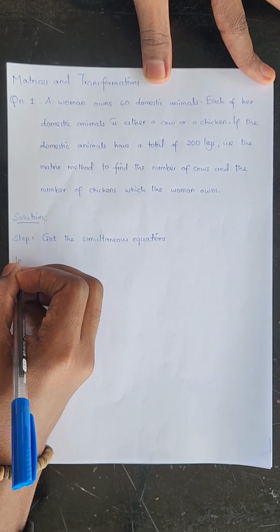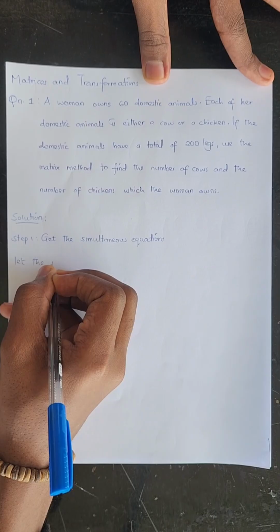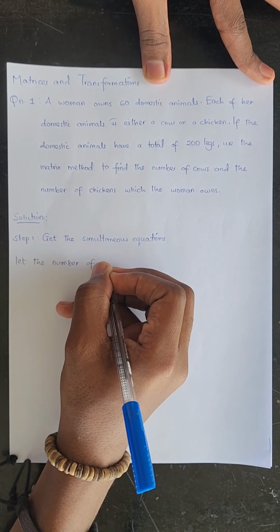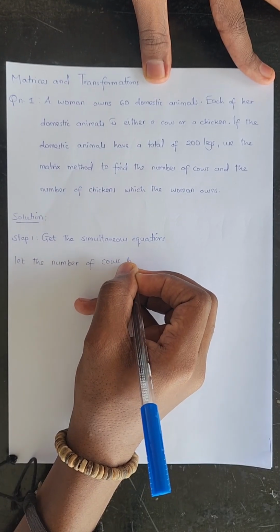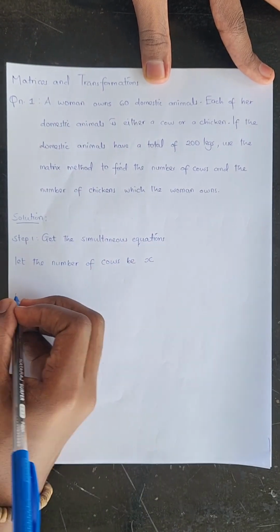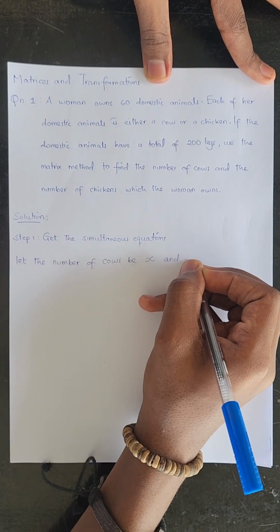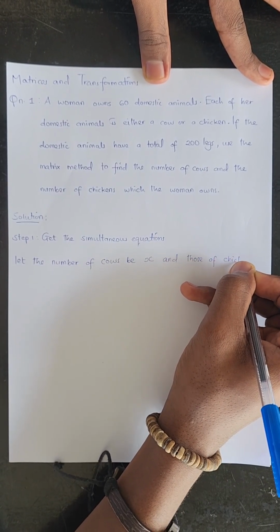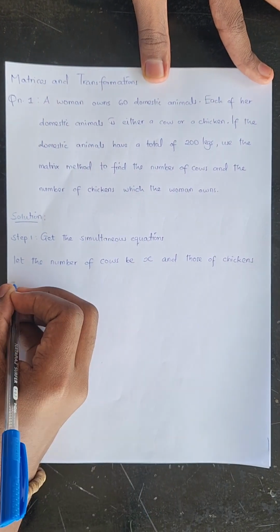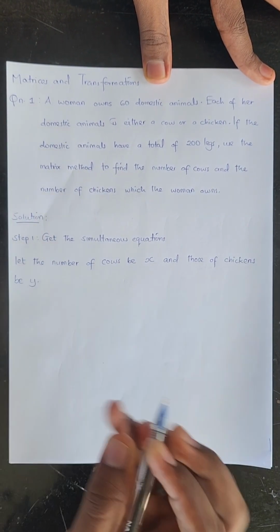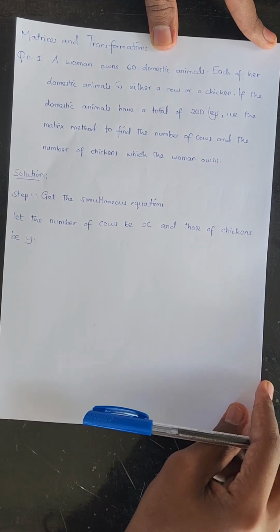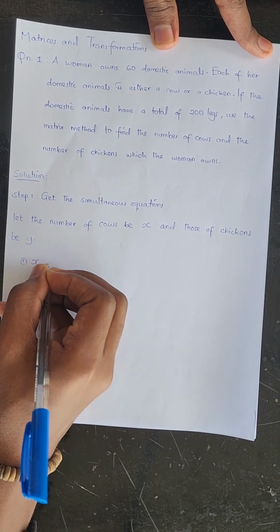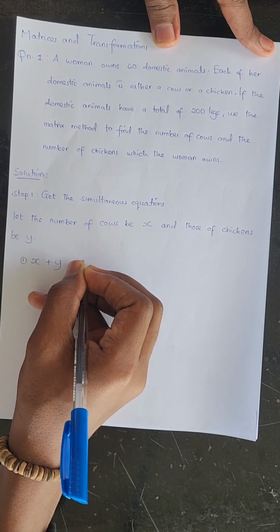So let the number of cows be X and those of chickens be Y. Okay, so our first equation will be a simple one. X plus Y equals 60.